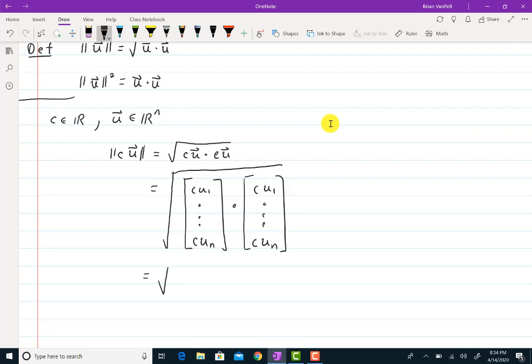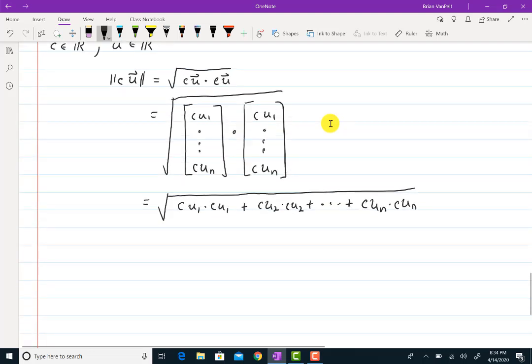Well, accordingly, that's Cu1 times Cu1 plus Cu2 times Cu2, and you go all the way up to Cun times Cun. Of course, these dots are within the real numbers.